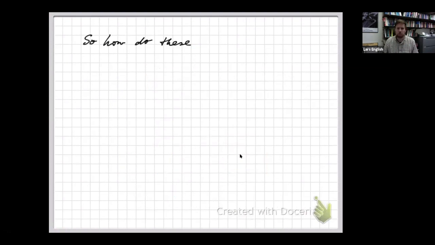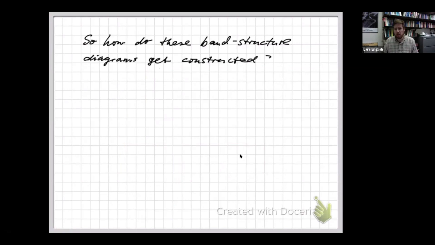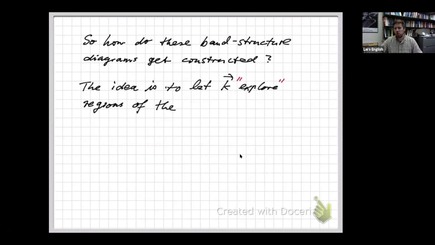So how do we construct one of these band structure diagrams? The idea is to let k explore regions of the first BZ along various paths. We let k explore certain regions of k-space within the reduced zone, while always keeping track of the energy of that particular k vector.